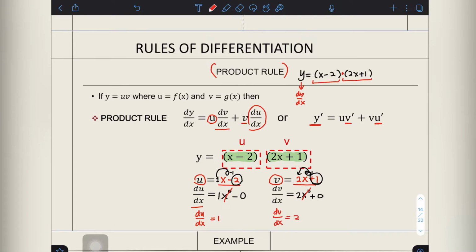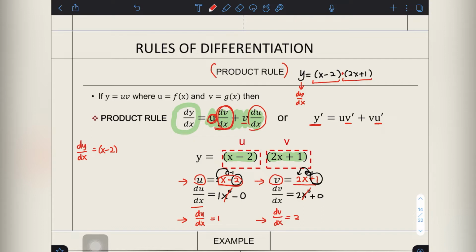So now class, you already have your u, your v, your du/dx, and your dv/dx. You can simply use the product rule formula to find your dy/dx. The formula is u. Where is your u? Your u is x minus 2, multiplied by dv/dx.